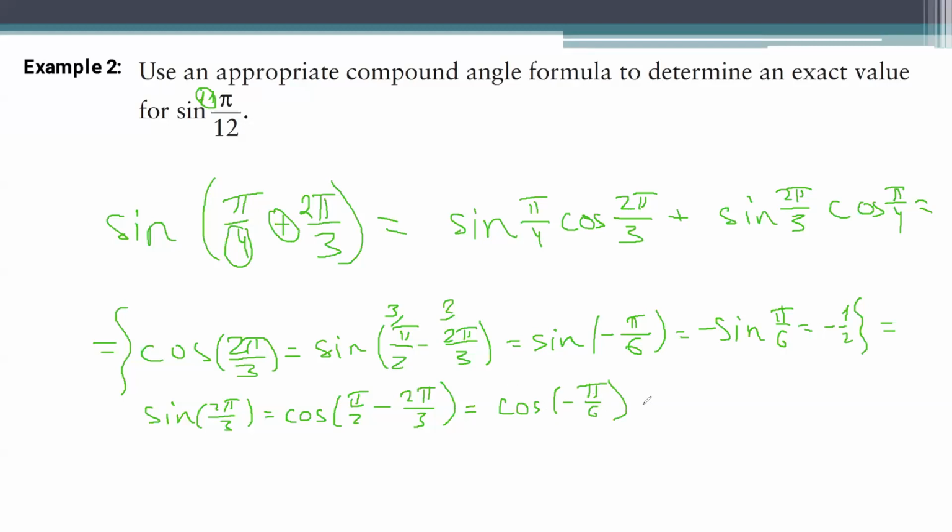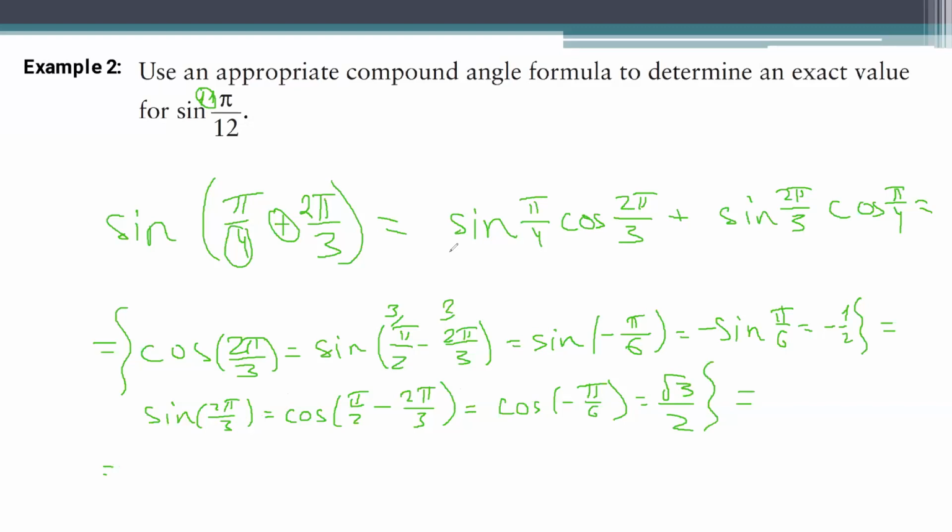The cosine value will still be positive, right? Because the angle is now in the fourth quadrant. And cosine of 30 degrees equals square root of 3 over 2. This is what we can substitute instead of sine of 2 pi over 3.